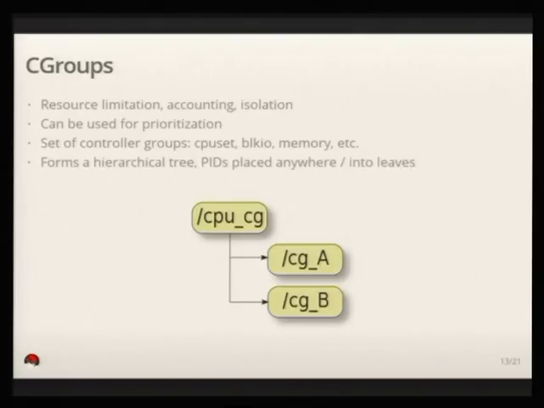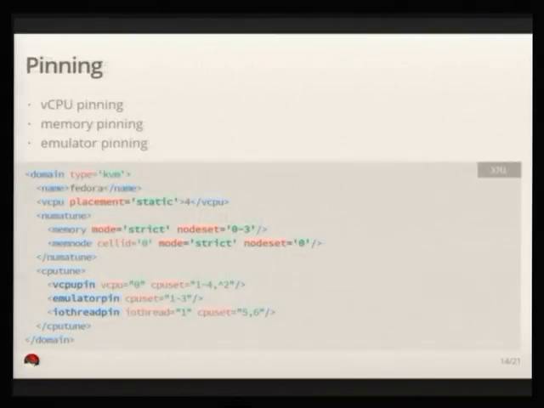So how does libvirt use these when trying to performance boost your virtual machine? We use it for pinning. So imagine this big host with many CPUs and many memory nodes or chunks of memory.